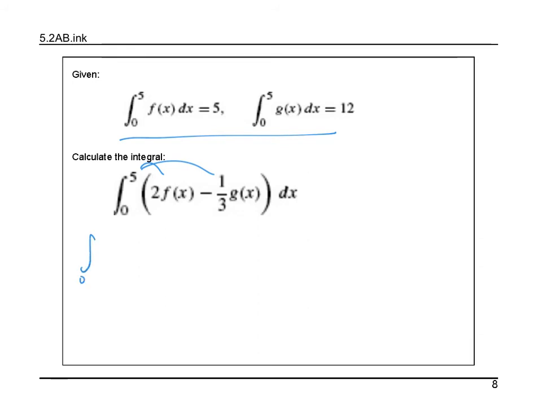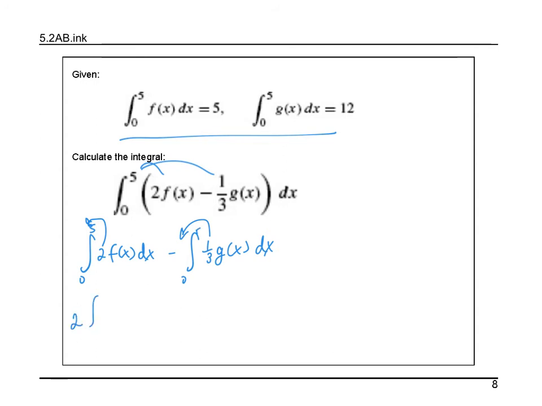So I first have the integral from 0 to 5 of 2 f of x, applying the dx to each, minus the integral of 1/3 g of x dx. Then I can bump these coefficients out in front.